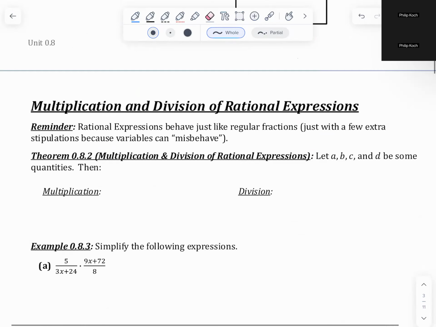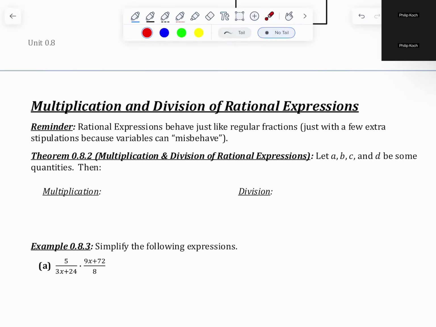Okay. So, moving on though, as a reminder, rational expressions behave almost exactly like regular fractions with a few extra caveats as we've seen. So, multiplication and division happen roughly the same way. We had this for fractions, now we have it for rational expressions. So instead of saying A, B, C, and D are some numbers, now we're saying they're some quantities. They could have variables, they could just be numbers, they could be a mixture of both.